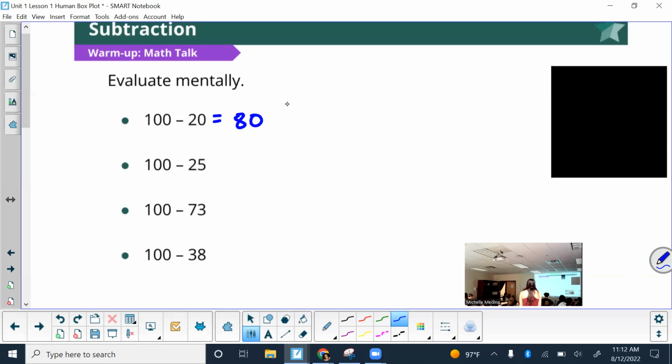And why is that? How do you do it mentally in your head? For me, I would just do 10 minus 2, which is 8, and then since we have an extra 0 on there, I would tack on that 0 at the end. Anyone have a different strategy that they use?